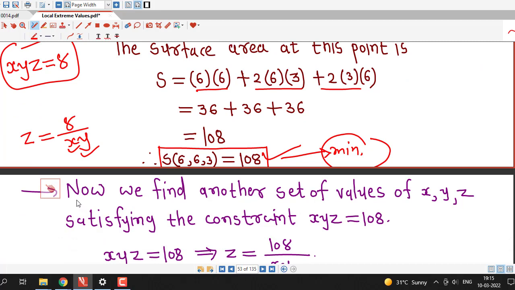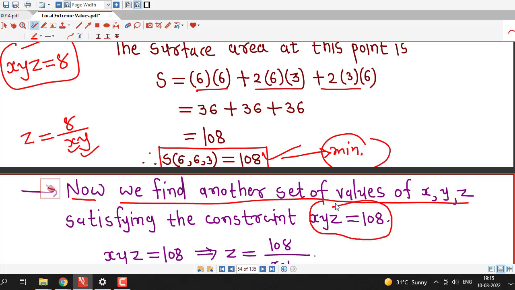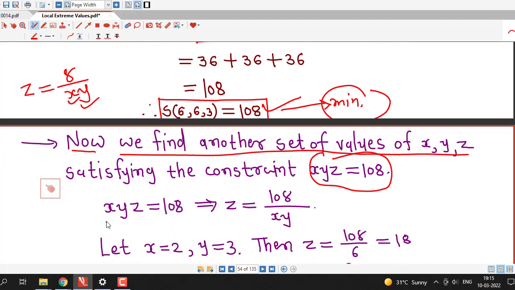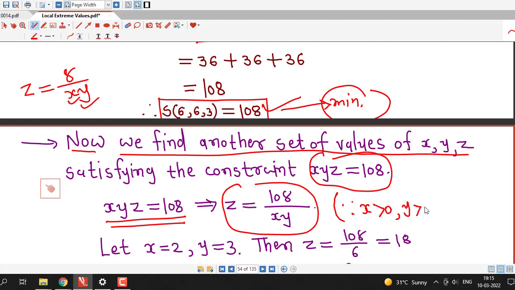So that we have written here. Now we find another set of values of x, y, z satisfying the constraint xyz equal to 108. For that we rewrite this as z equal to 108 by xy, and this is because x and y are dimensions of the box, therefore they are positive.